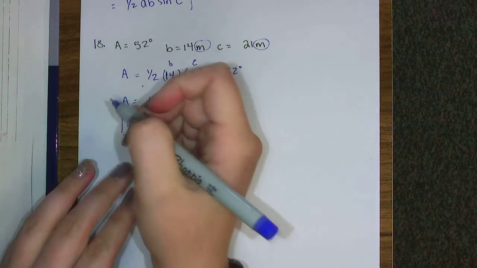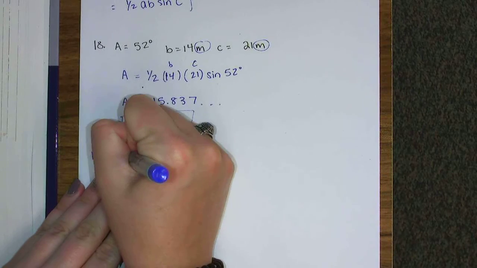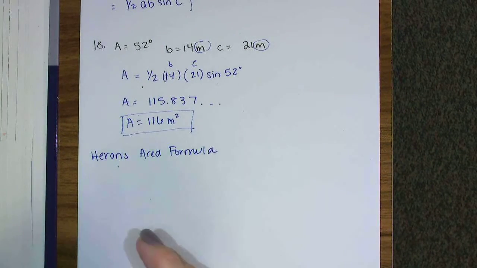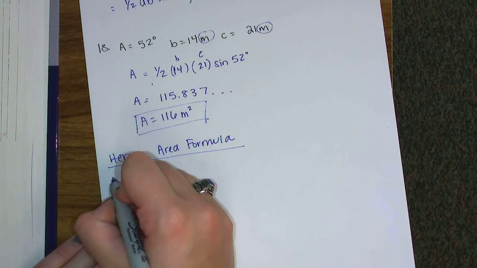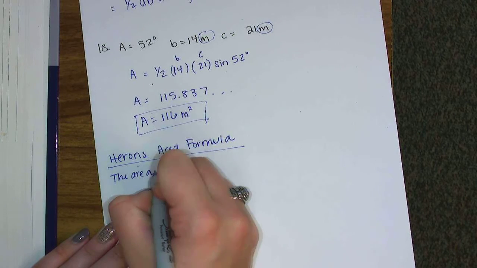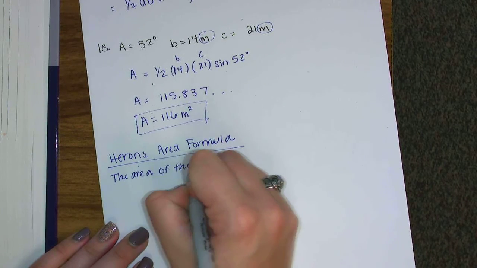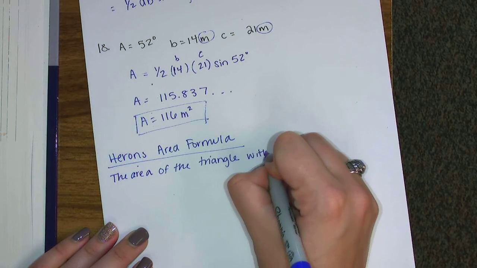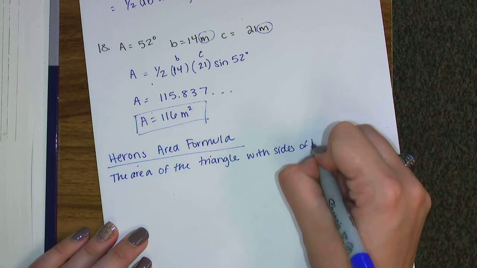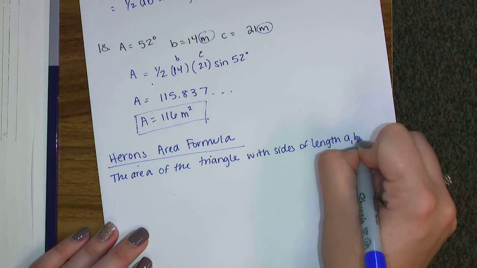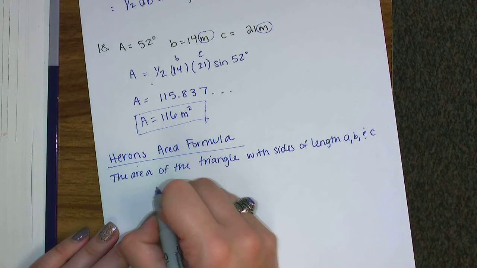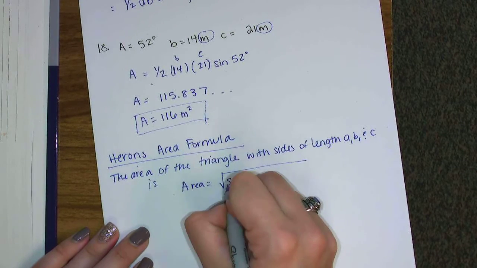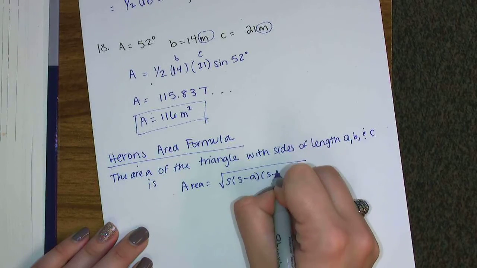Heron's area formula: the area of the triangle with sides of lengths A, B, and C is area equal to the square root of S times S minus A times S minus B times S minus C.